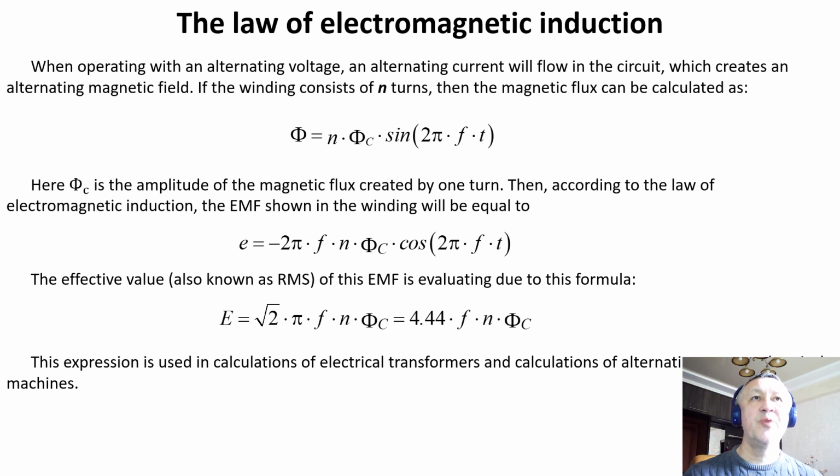When we operate with an alternating voltage, an alternating current will flow in the circuit, which creates an alternating magnetic field. If the winding consists of n different turns, then the magnetic flux can be calculated due to this formula, where phi c is the peak value of the magnetic flux created by one turn.